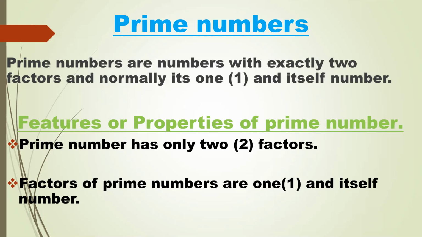Another way to identify a prime number: the factors of a prime number are only 1 and itself. They are the same here. So the factors of prime numbers are only 1 and the number itself. So you have to learn your factors well.